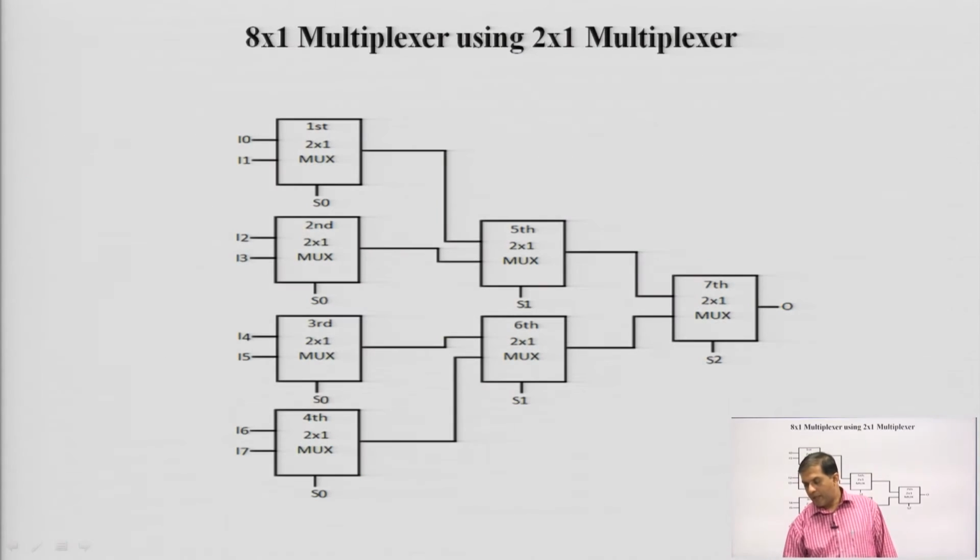Next, the same type of question: an 8 cross 1 multiplexer can be implemented using the smaller 2 cross 1 multiplexer size. A 2 cross 1 multiplexer has only 1 select line and 2 inputs.